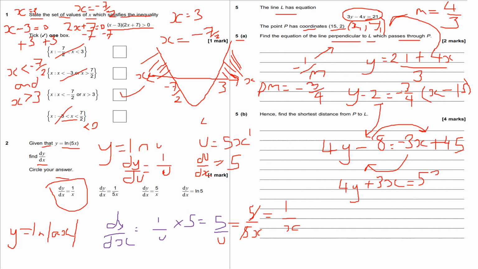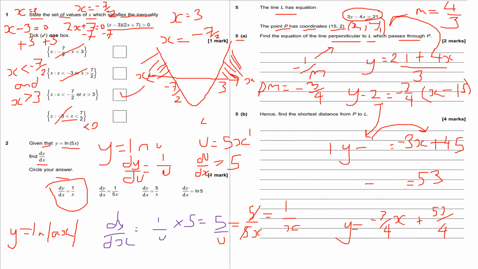If you do that, you will get as follows: minus 3/4 x plus 53/4. So either way will give you the same answer. Okay, so hopefully that makes sense.